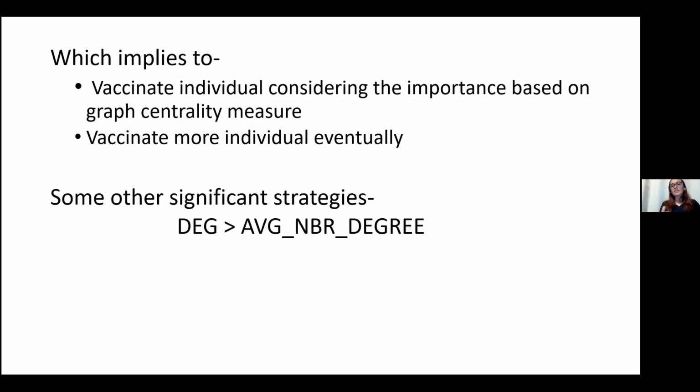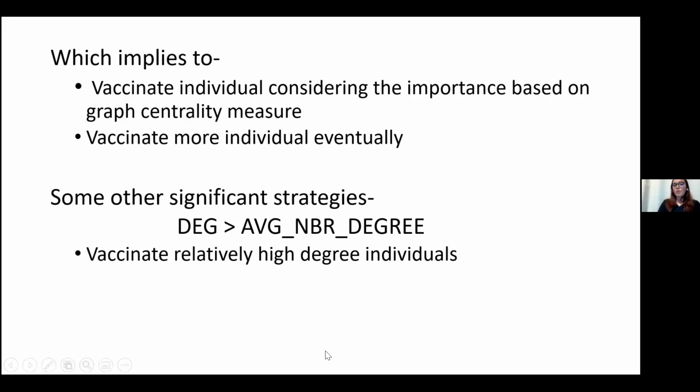And there are some other significant strategies we have come up with. Degree: when an individual's degree is greater than the average neighbor degree, we should vaccinate that individual, which means we should also vaccinate relatively high degree individuals. Suppose a highly dense city like Toronto: the ratio of people who are connected with someone infected will be different from a city like Antigonish, because Toronto is denser than Antigonish.